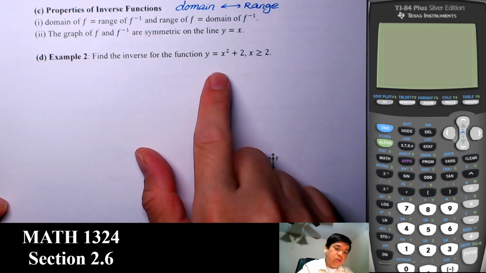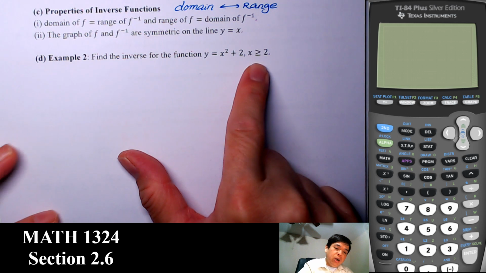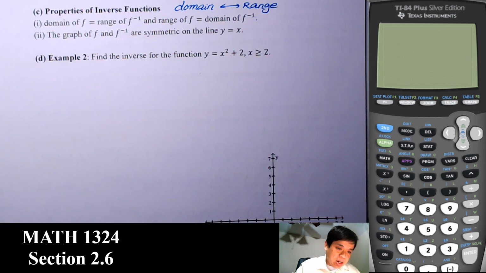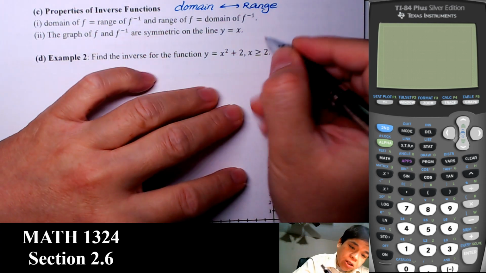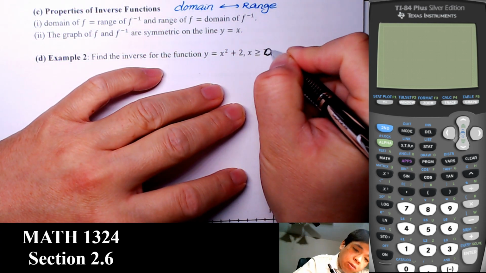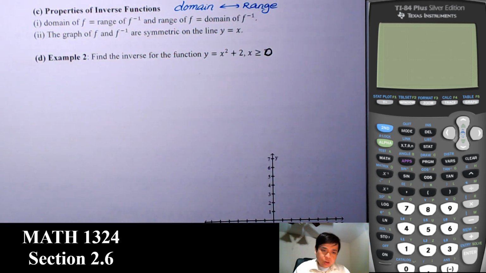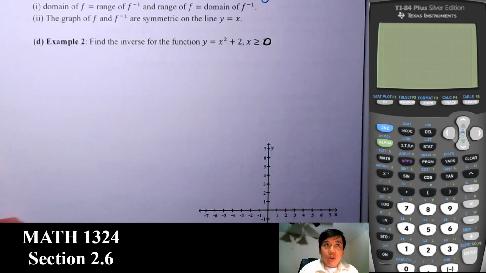Find the inverse of the function y equals x squared plus 2 for x greater than or equal to 0. I think I made a typo here. First, let's look at the graph of y equals x squared.